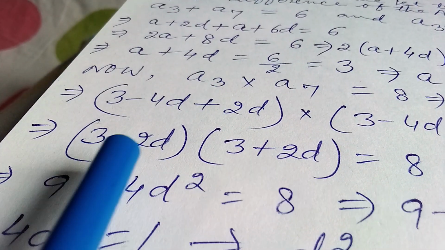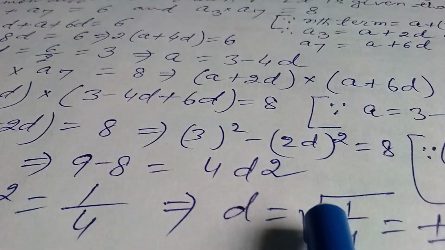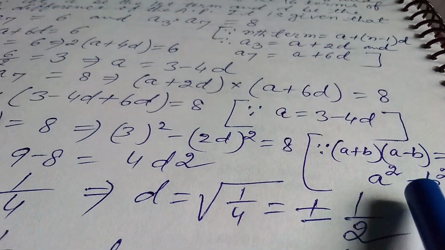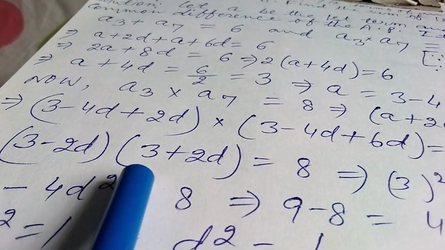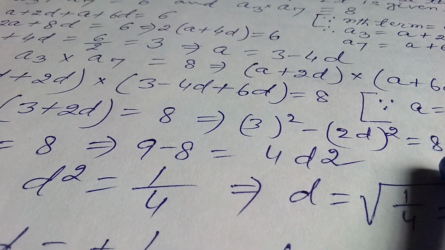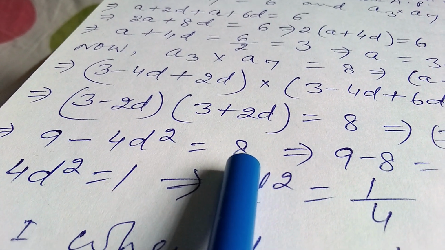Now you know that (A minus B) into (A plus B) equals A square minus B square, and here A is 3, B is 2D. So 3 whole square minus (2D) whole square equals 8. And that is 9 minus 4D square equals 8.